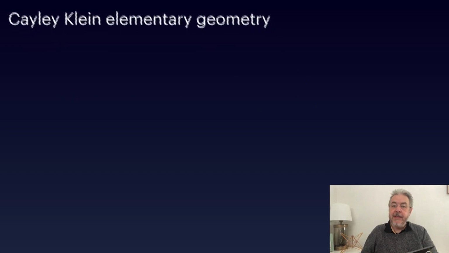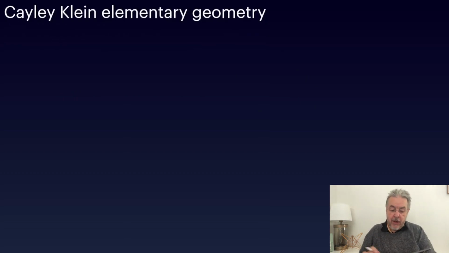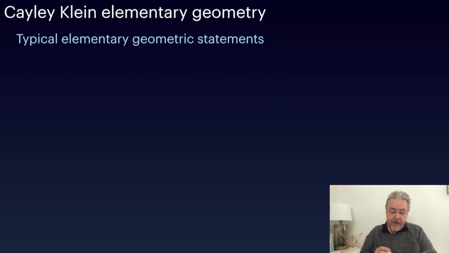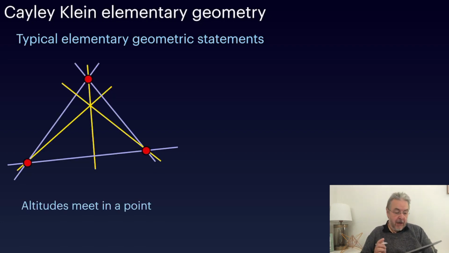So, what kind of theorems are we going to talk about? Well, we will take really typical theorems from elementary geometry, and the most typical theorems there are triangle theorems. So things like the altitudes in a triangle meet in a point. So you take 3 points forming a triangle, you look at those lines that are perpendicular to one of the sides and go through the opposite point.